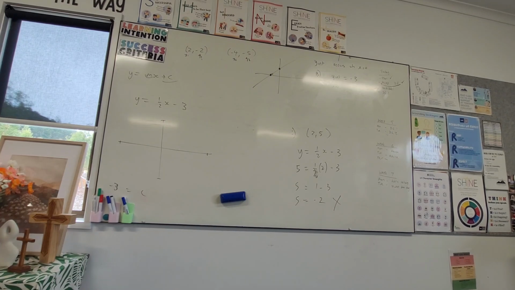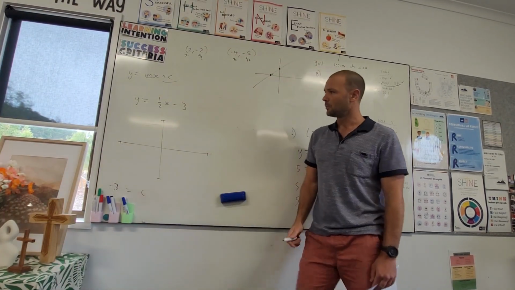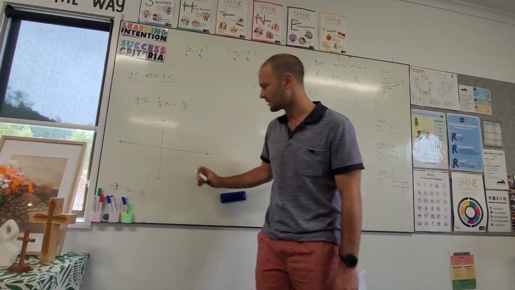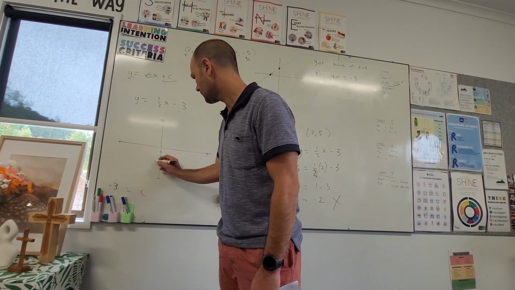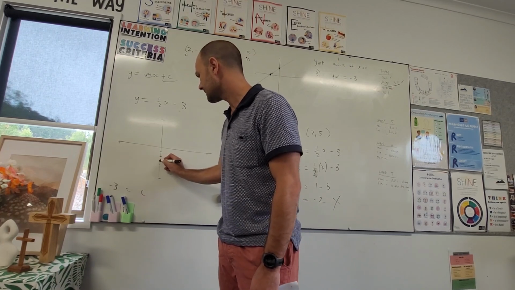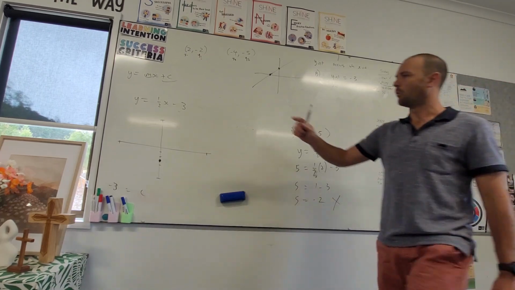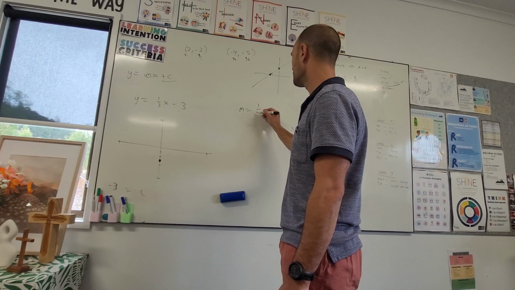Okay, I'll explain the way we start with, which is where we plot the y-intercept. The y-intercept is -3, so I'll go -1, -2, -3, -4. So here's the y-intercept. And it has a slope of 1 on 2, right? M is 1 on 2.